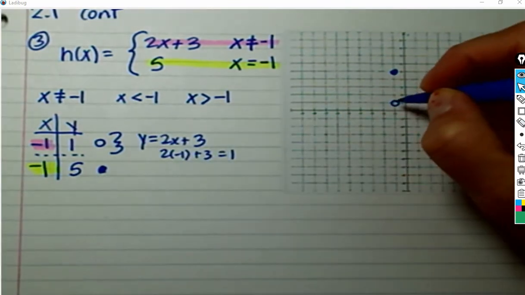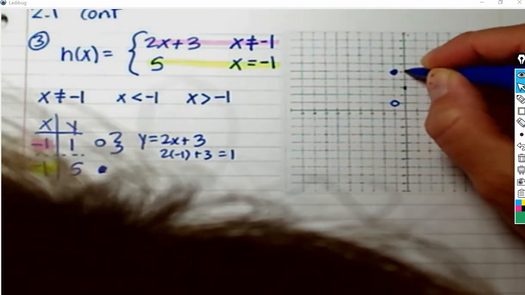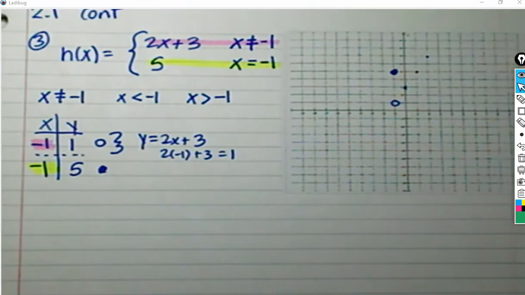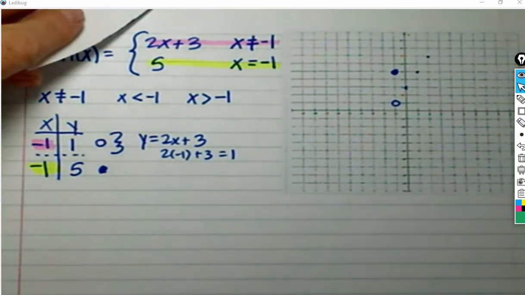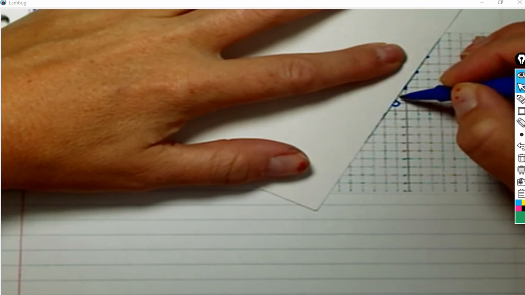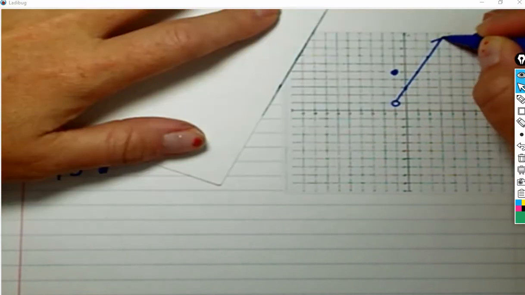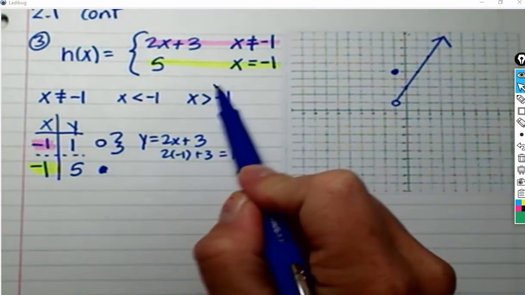So I'm going to start here, and I'm going to count to the right first. Up to, okay, so that's my first step. Okay, so that's the part to the right. But you're not done, because that was this part.